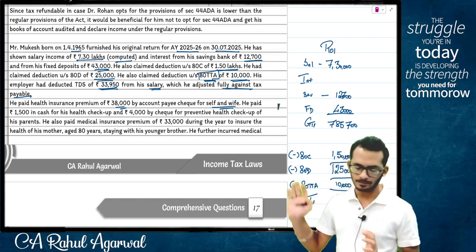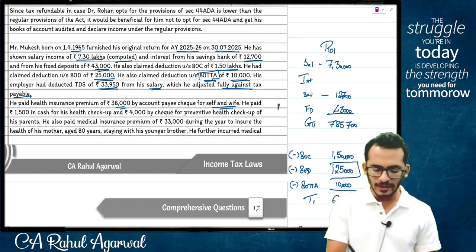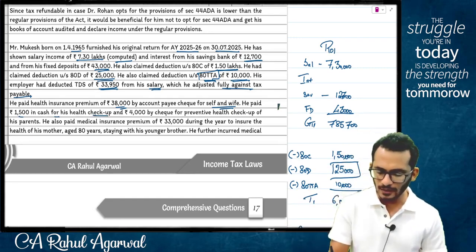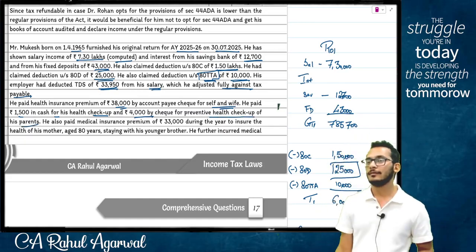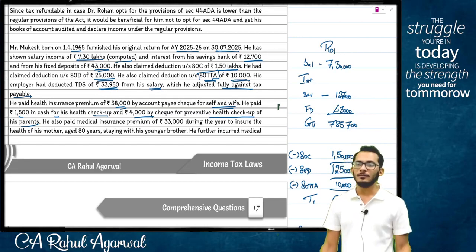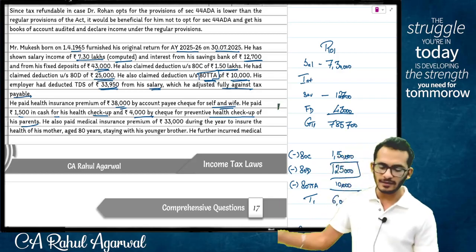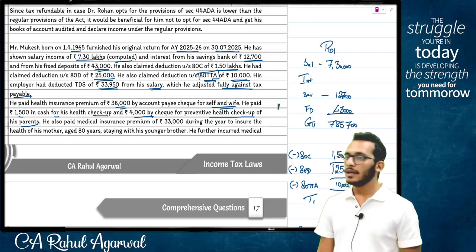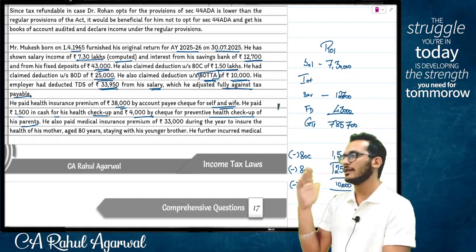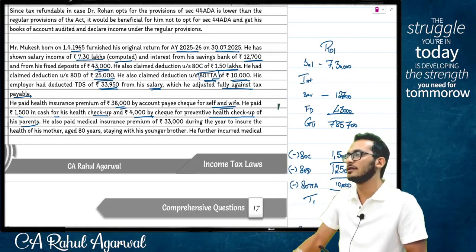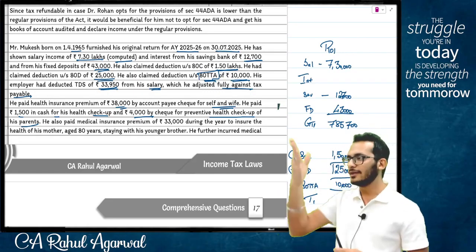I'm spending efforts on this. Next, the person has also paid 1,500 rupees in cash for a health checkup and 4,000 by cheque for a preventive health checkup of his parents. He has paid 1,500 for himself. Now, people, if he assumed 25,000, okay, I admit 1,500 he would have missed out, because anyway the total was 25,000.